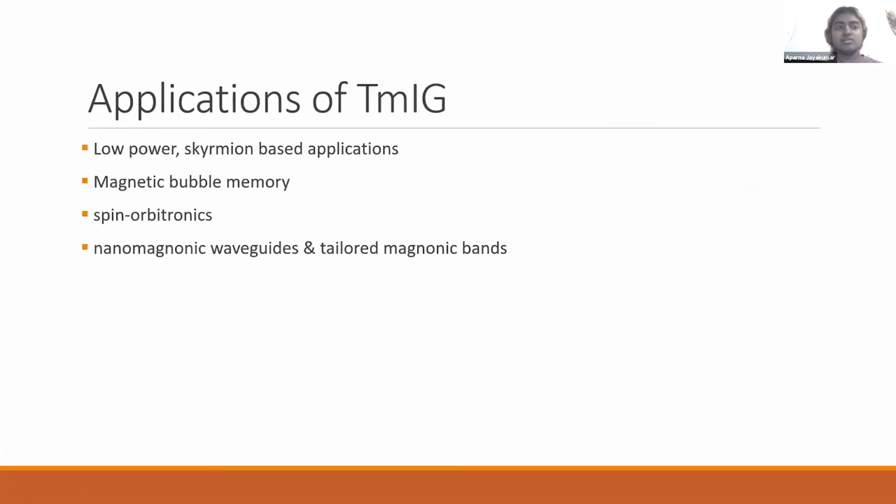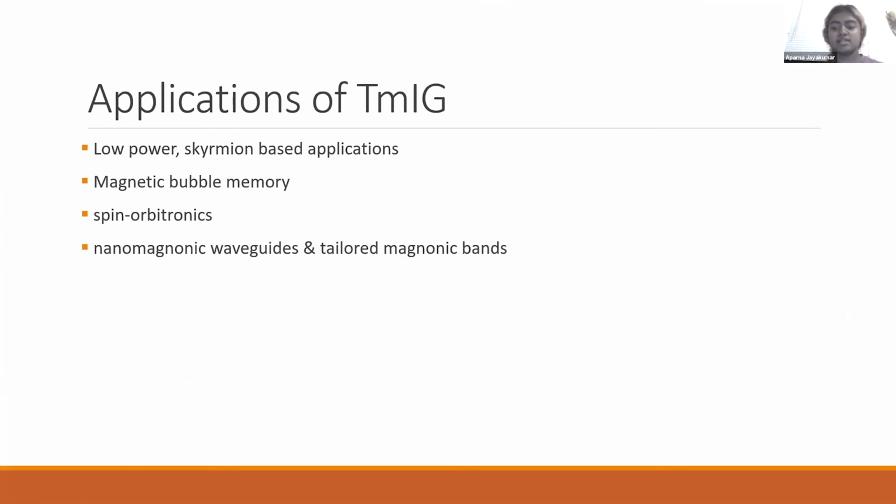TmIG can be used for low power skyrmion-based applications, spin orbitronics, and magnonics, particularly magnetic waveguides and tailored magnetic bands. There's also something called magnetic bubble memory, which was popular a few decades ago.